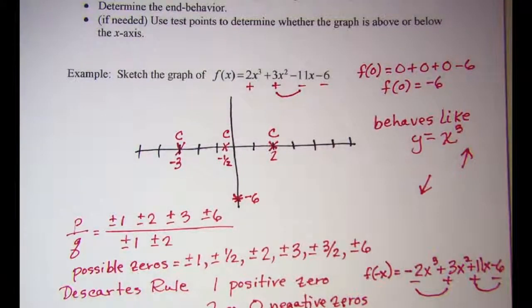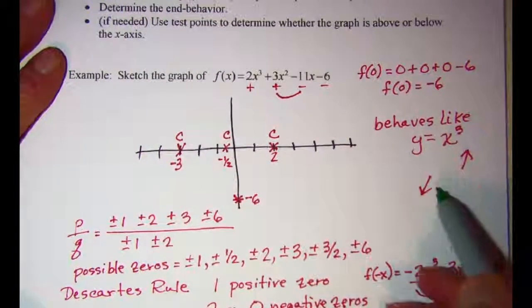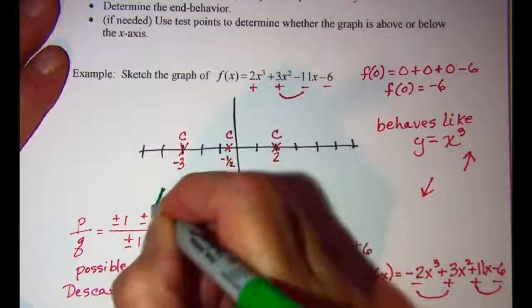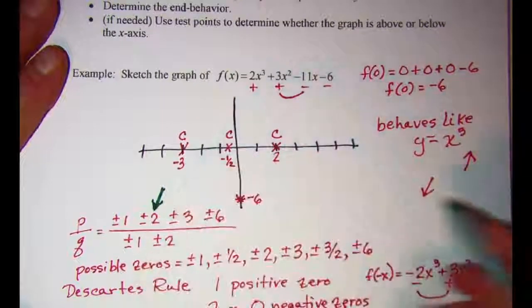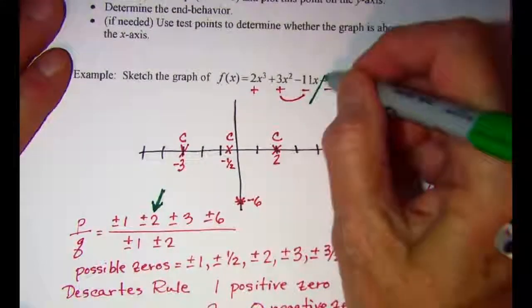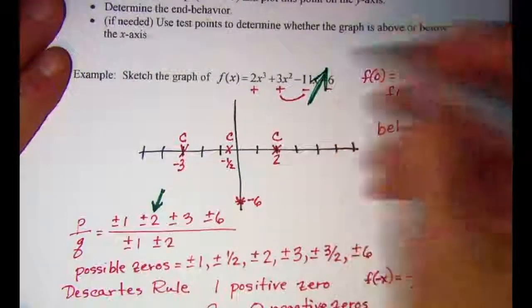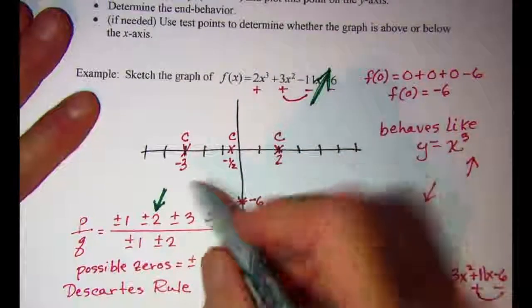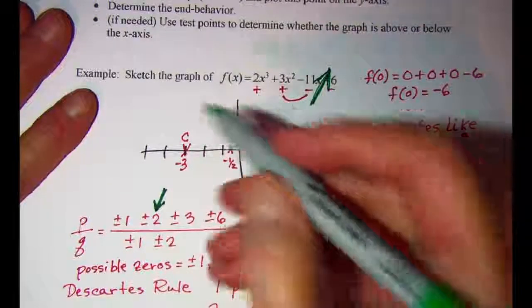So I'm ready to sketch my graph. My left arm is going to be down here, and my right arm is going to be up. And I'm going to cut through at each of these zeros.